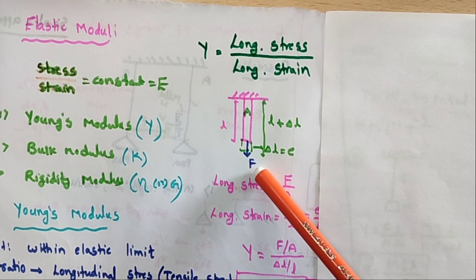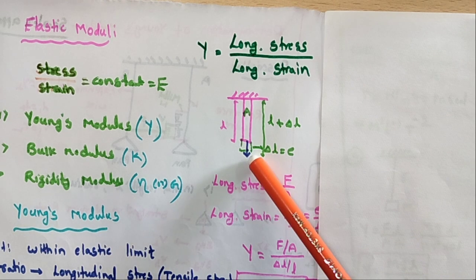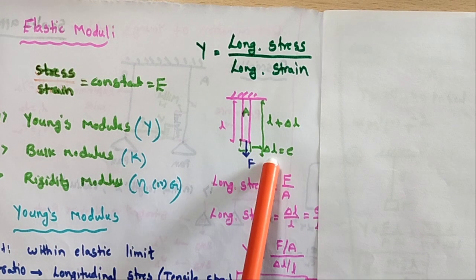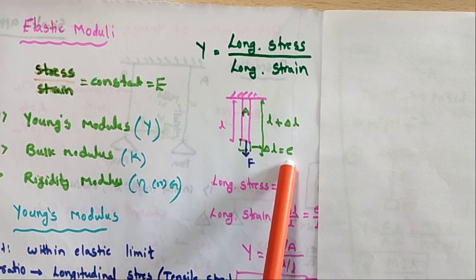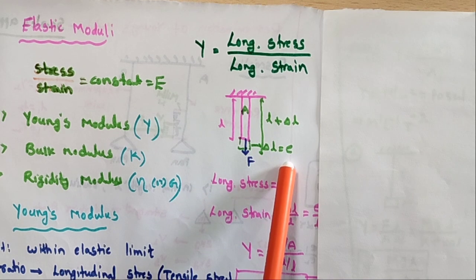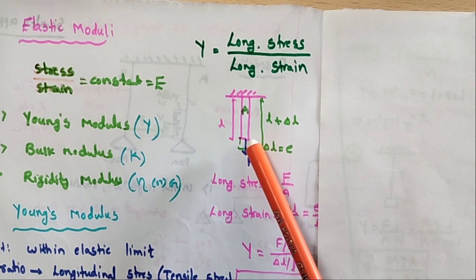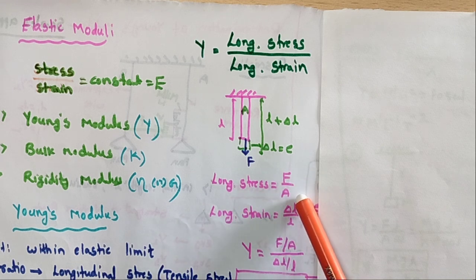When the stretching force F is acting, the length changes. How much will the length increase? Delta L will increase. This delta L is equal to e, the elongation of the wire. The final length is L plus delta L. In this wire, longitudinal stress is equal to force per unit area.